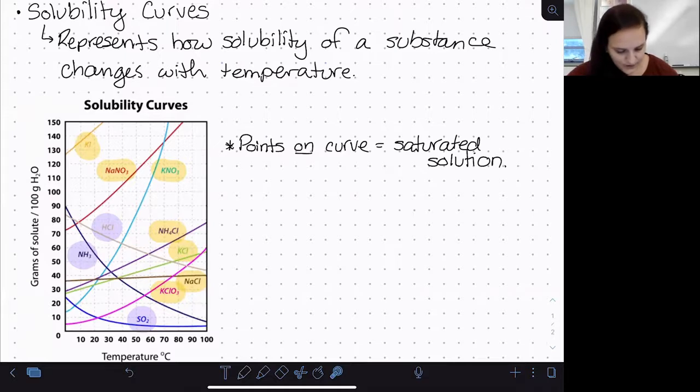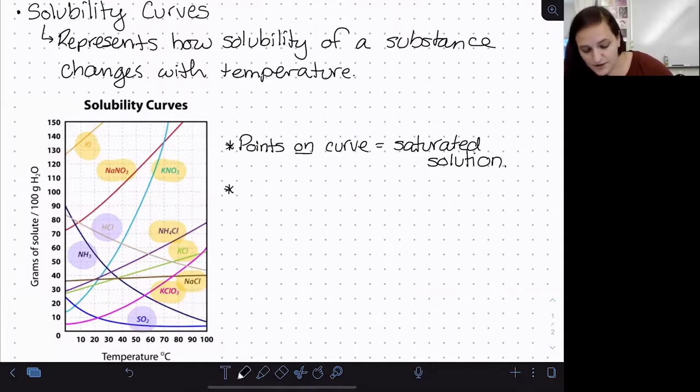For instance, let's pick something that's a good number. Right about here, this is NH4Cl, ammonium chloride. We can dissolve 60 grams of ammonium chloride in 100 grams of water at 70 degrees Celsius, and that would be a saturated solution. That's the most we can put in at that temperature. At other temperatures that would vary, but that's what the curves really represent: the maximum amount that can be dissolved under those conditions.